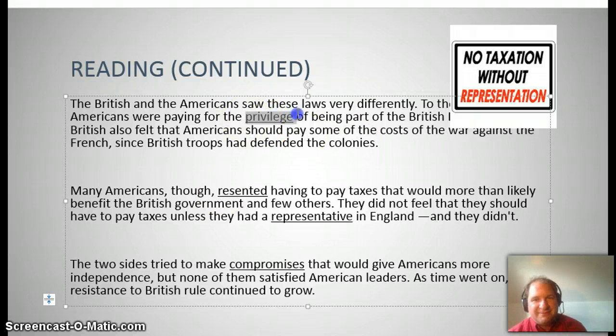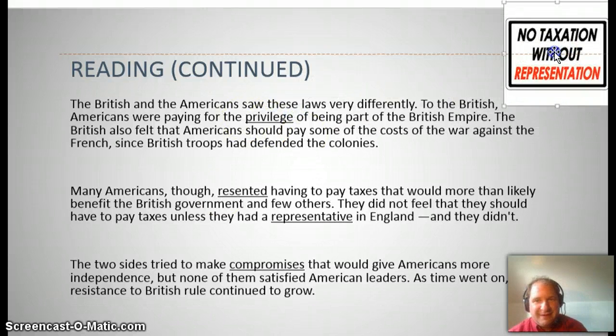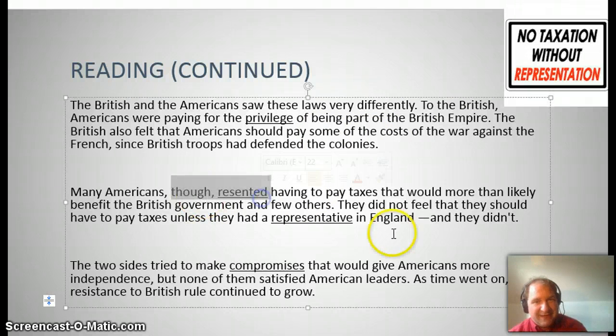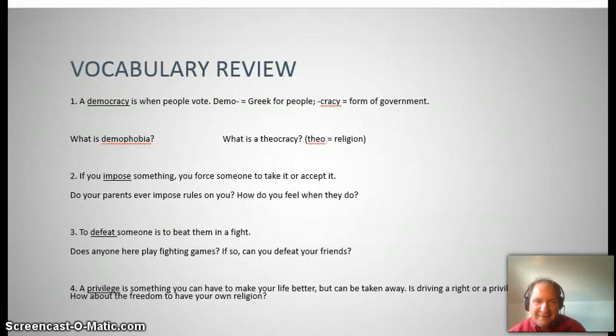Some other words. Privilege. Privilege, not something you're given. Something you are given, but you don't necessarily have. You have to work for that. Resent, dislike, hate. Representative, you're going to see this word a lot. Someone who speaks for a group. Compromise, when you make a deal for both sides to work together. I have privilege here.